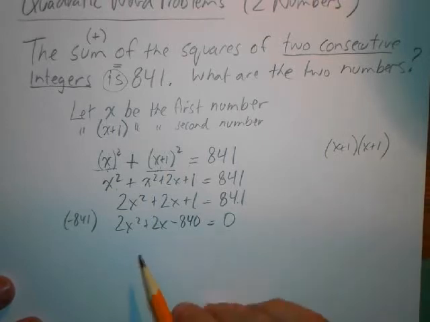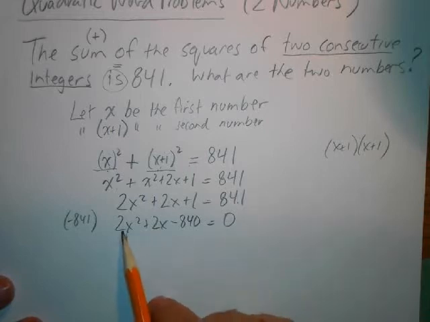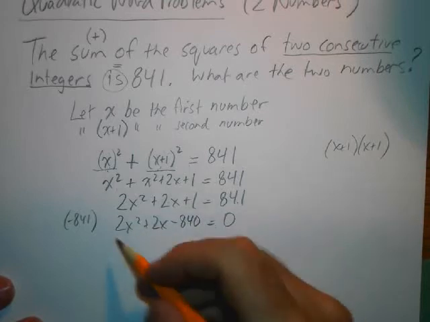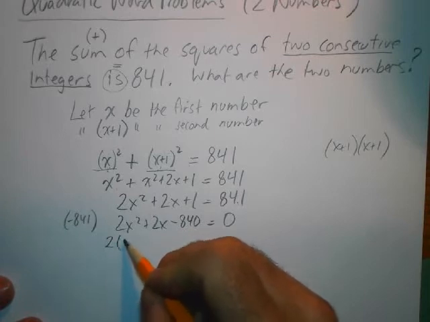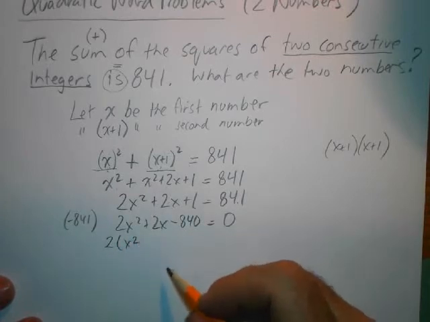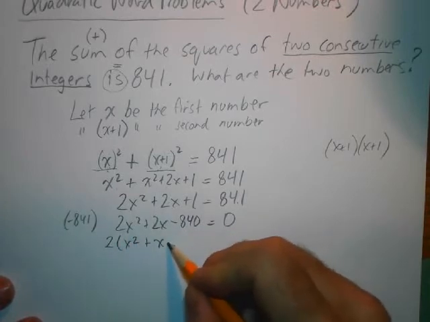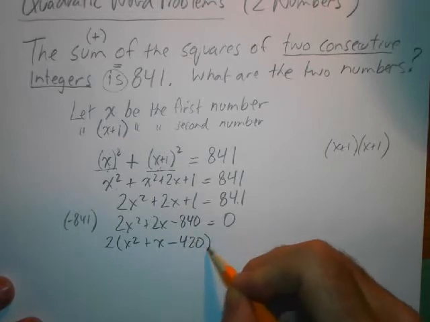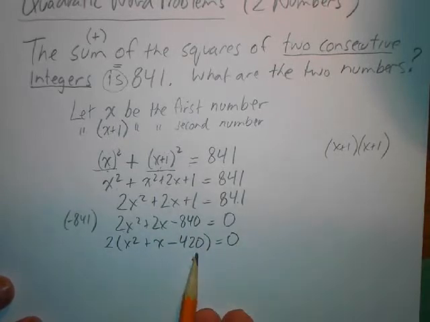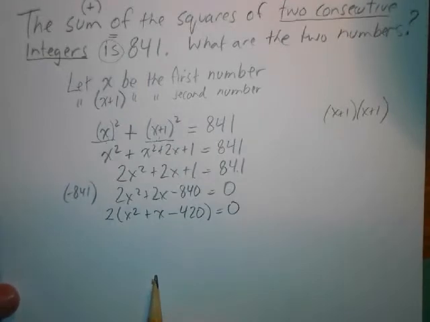Now, there's a little secret here. Hopefully you've seen this on some of the questions before. If you notice all these numbers here, they're all even. So that means I could factor out a 2 here. And when I do that, I get that trinomial left over.